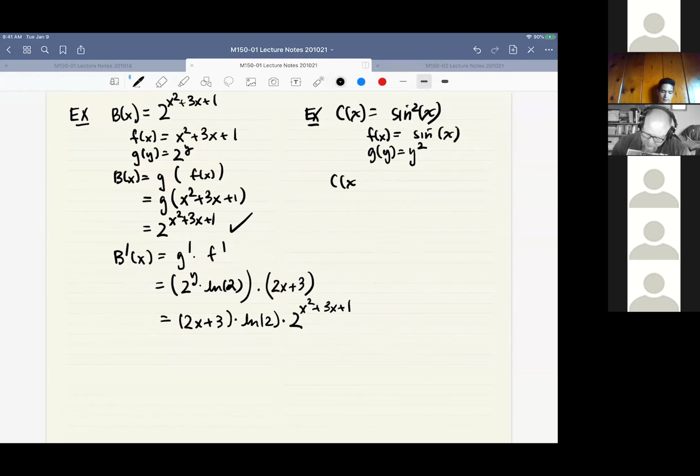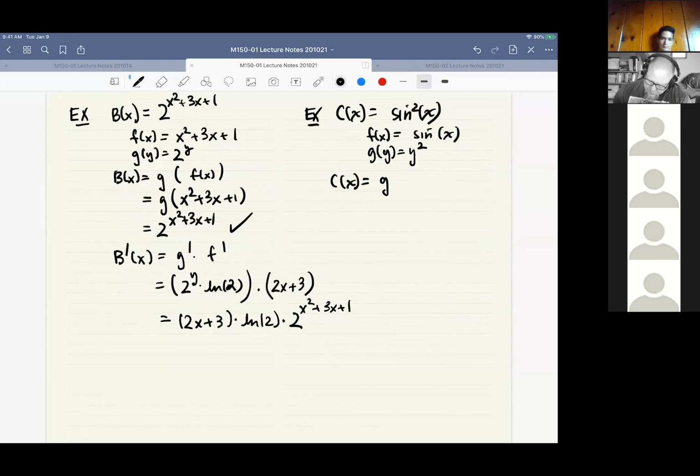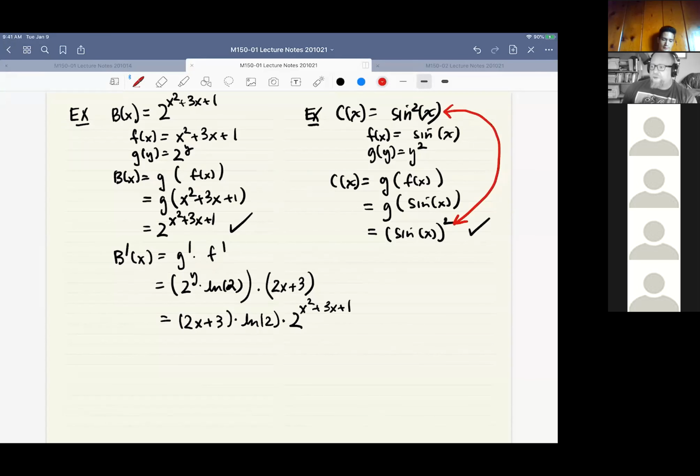So c of x, I think, is g of f of x. So that's g of sine of x. And then sine of x squared. So that checks out. And right, this is special notation with trig functions for that.